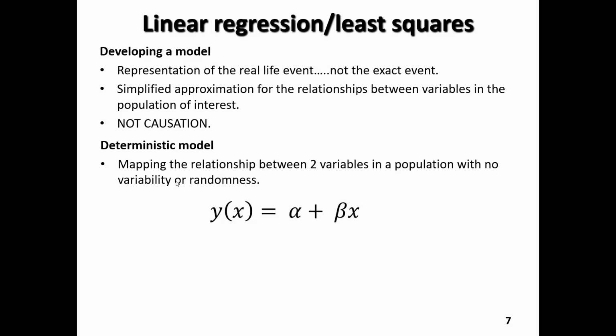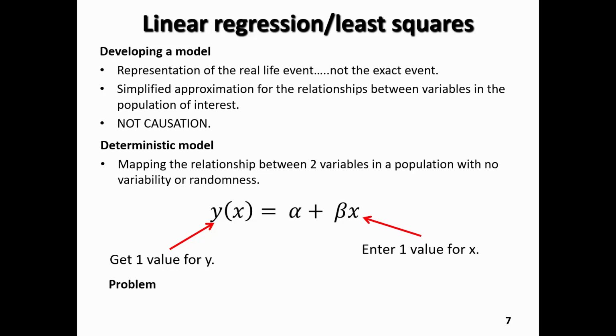So this gives us a perfect relationship expression so that if we input a value for x, we will get one and only one value for y. The deterministic model is ideal for visualizing a relationship between two variables.